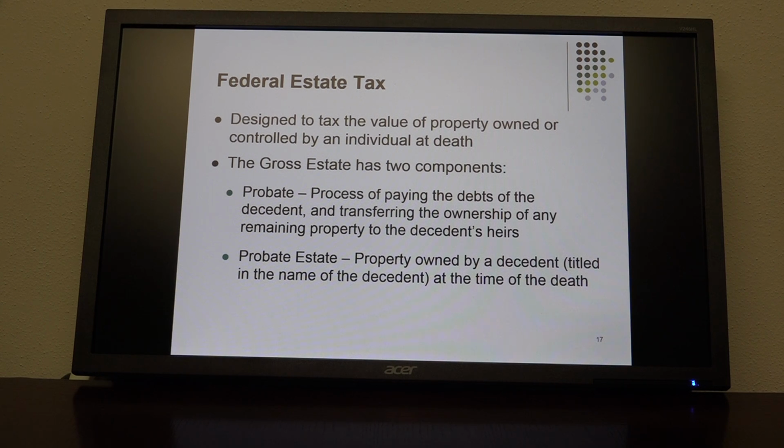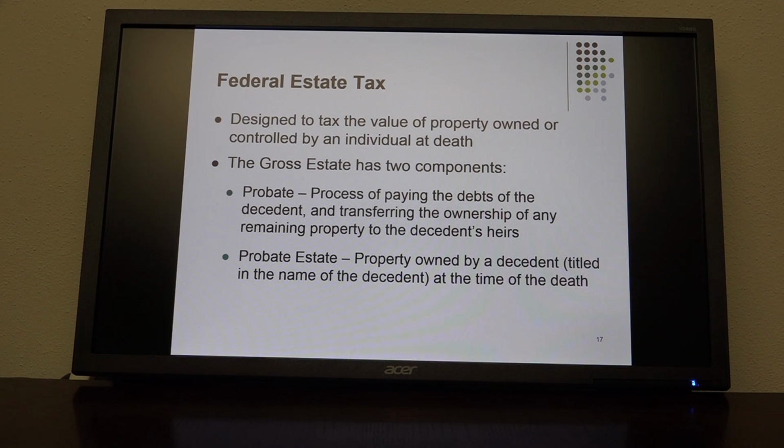So those things, bank accounts of the decedent that are joint with right of survivorship, and life insurance proceeds on the decedent's life that went to a named beneficiary other than the decedent's estate, are part of the gross estate, and there are other things as well that we'll talk about, but they're not part of the probate estate.